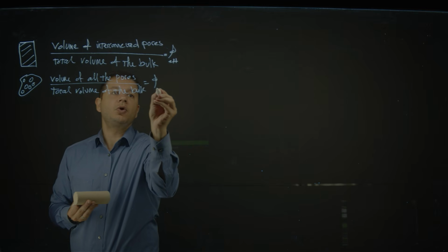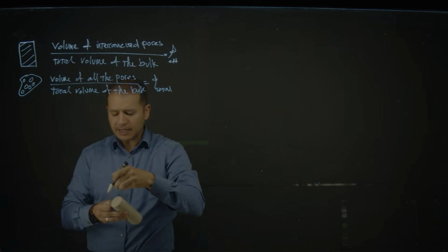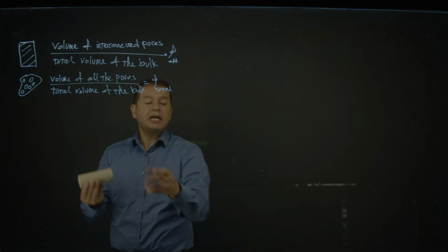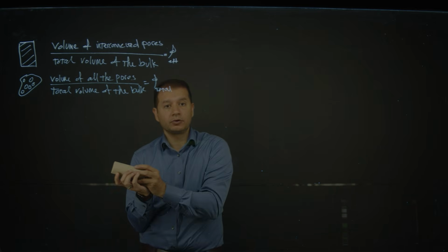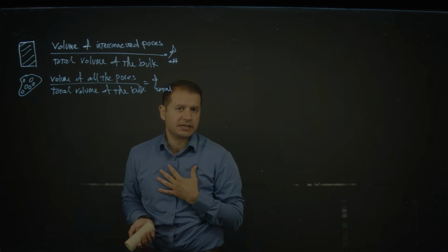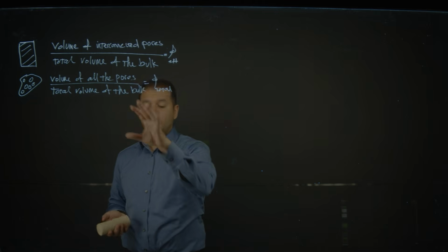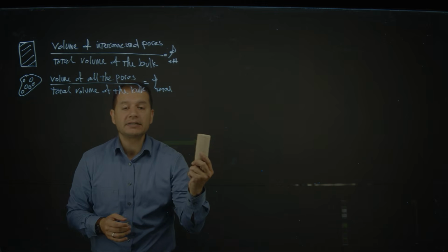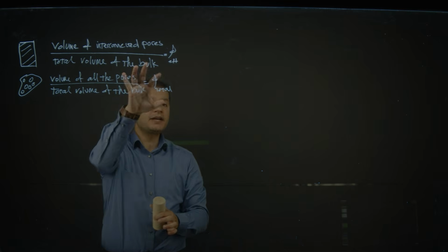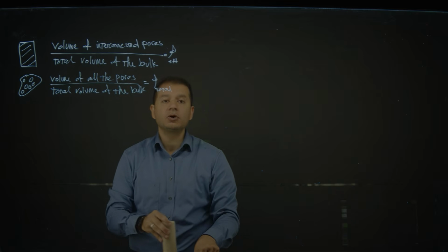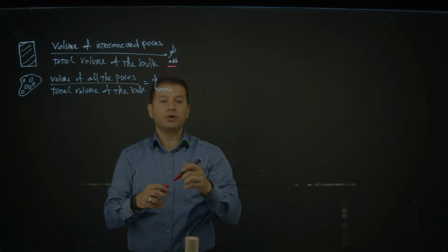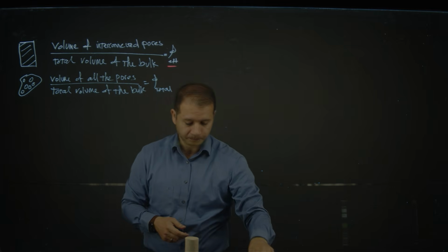That is total porosity. But that's not really too important for me, because if I cannot access the pores and I cannot have flow through, it's inaccessible space for me. I would like to know how much of the pore spaces are interconnected and the flow can happen through. And that's effective porosity. And in this course, we only address effective porosity. And that was just for the sake of completeness.